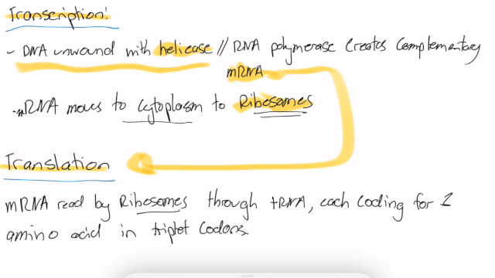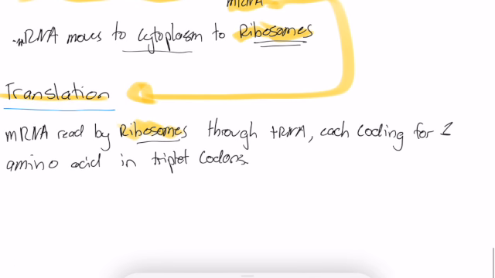Next up, we have translation. Now, mRNA, we know, is read by your ribosomes, and each codon, so we know a codon is effectively 3 bases, is read, and a complementary tRNA is brought onto that ribosome, coding for 1 amino acid.